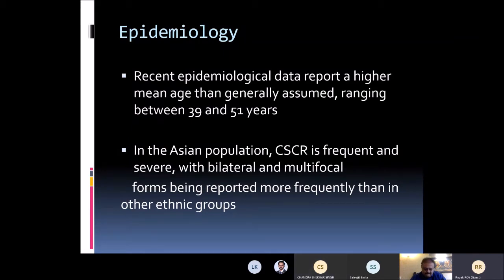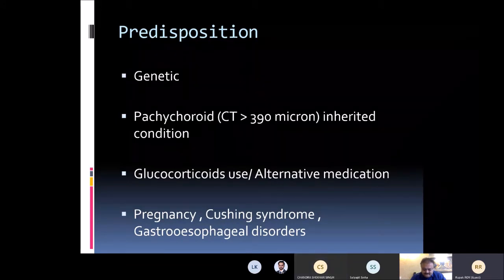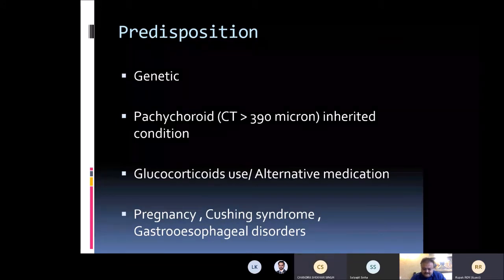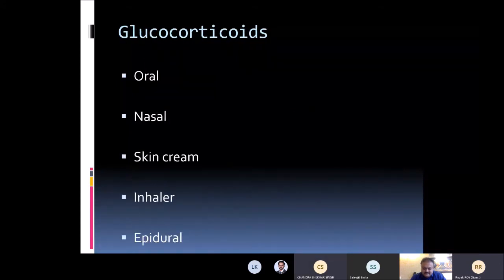So there are certain predispositions like genetic, pachychoroid, which is a choroidal thickness of more than 390 microns, glucocorticoid use, pregnancy, Cushing syndrome, gastroesophageal disorders. Now, glucocorticoids in many forms can act as a precipitator of CSR.